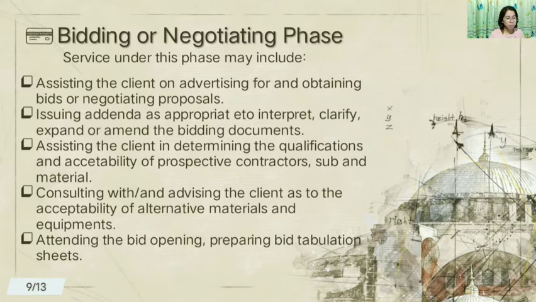So next, the construction phase is the actual building of the project. The role of the civil engineer in this phase is to relay the message from the client to the contractor, then approve designs of the contractor and forward them to the client.